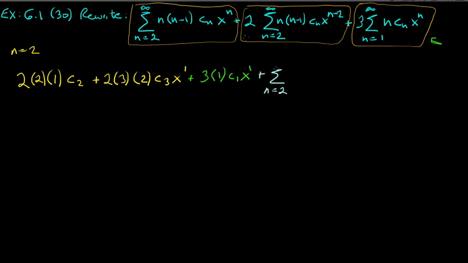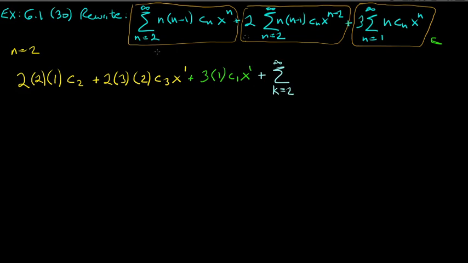So we might as well start with n equal to 2. Actually, we're going to have to switch indices here. Let's call it k. So k is going from 2 to infinity now.